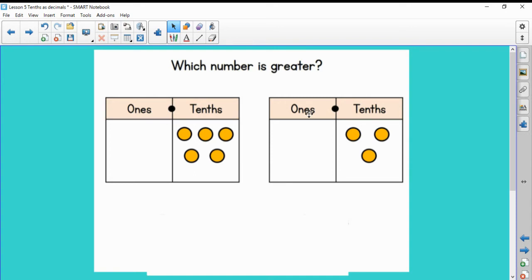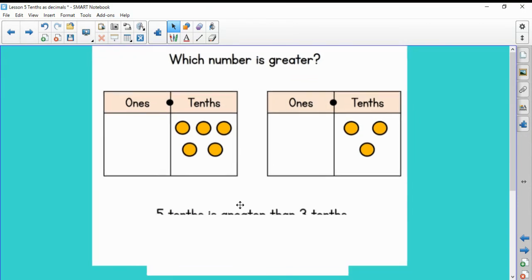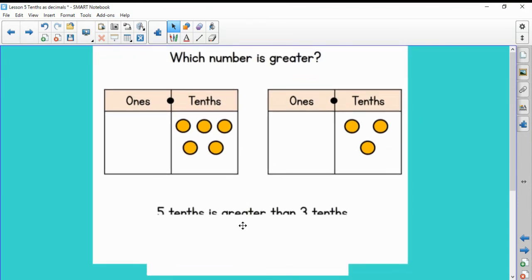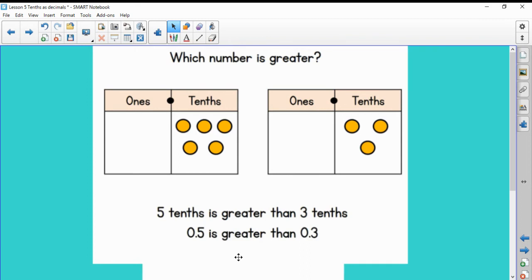Our other place value chart has no ones, but 3/10, 0.3. So 5/10 is greater than 3/10. We can also write this: 0.5 is greater than 0.3.